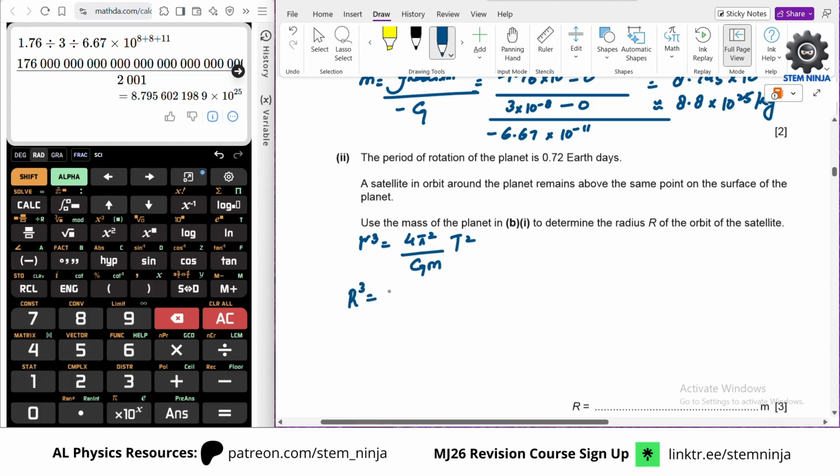So r cubed is equal to, sorry, I wrote it the other way around. This is GM T squared over 4 pi squared.